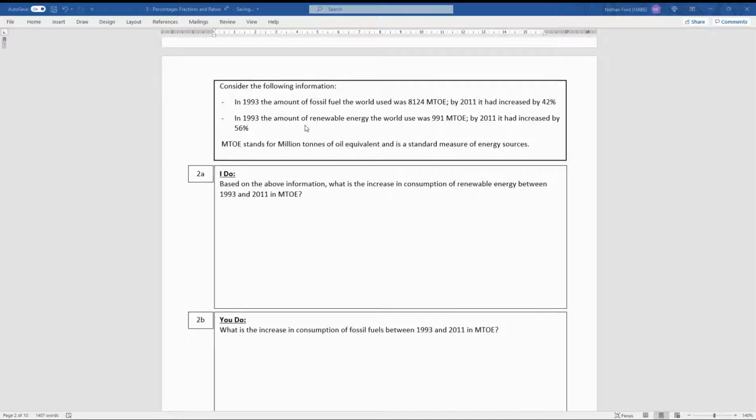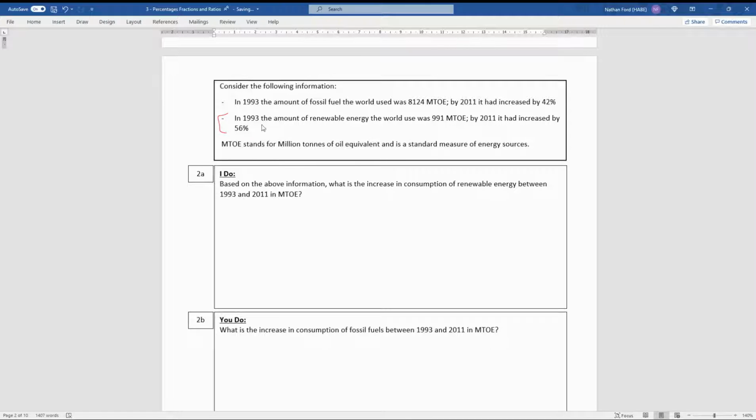In 1993, the amount of renewable energy the world used was 991 MTOE, but by 2011 it had increased by 56%. Based on the above information, what is the increase in consumption of renewable energy between 1993 and 2011? So we want to know the increase only. That means I'm looking at this second block of information here.